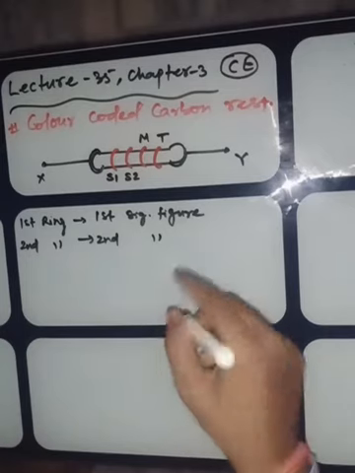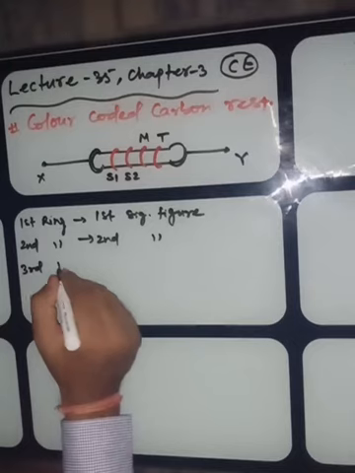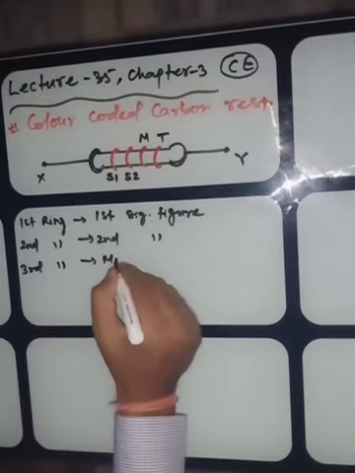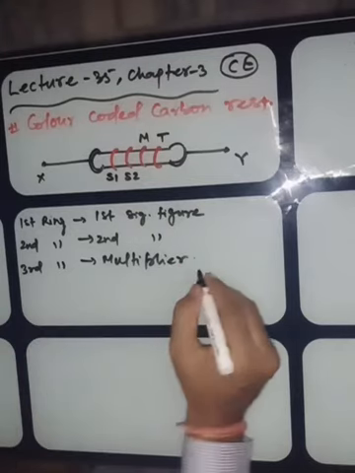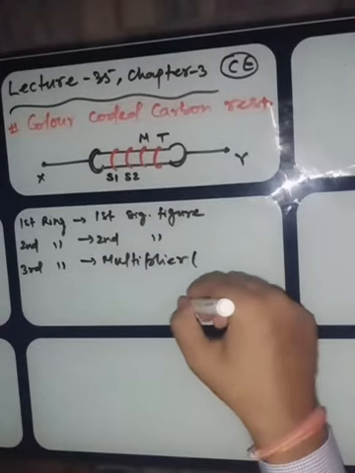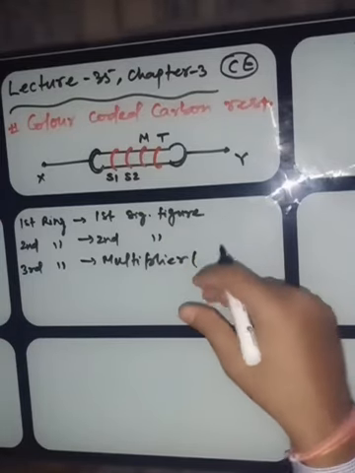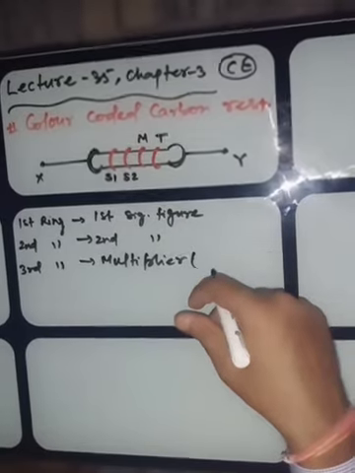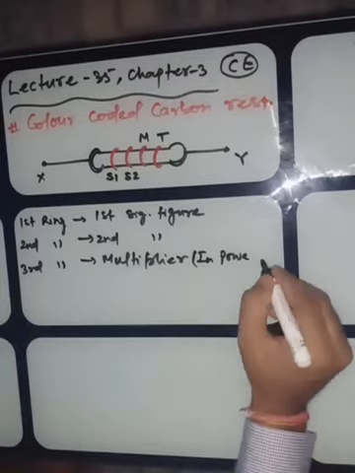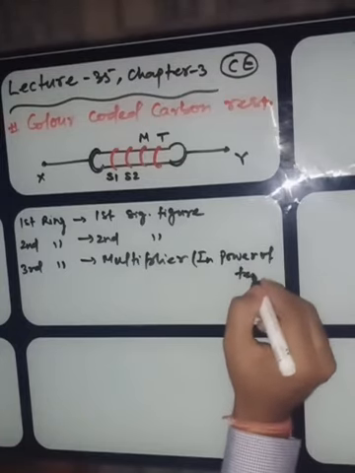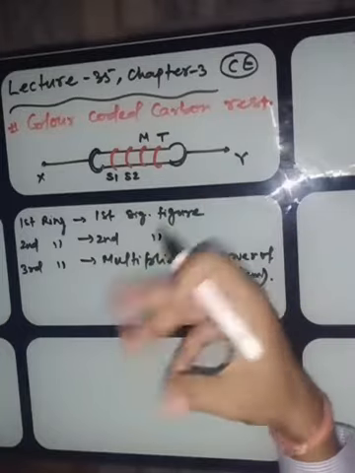Now the third ring will give you the multiplier. Remember, this multiplier you will get is in power of 10, my dear students, like 10 to the power 2, 10 to the power 3, 10 to the power 0, 10 to the power 9, 10 to the power 8, etc.